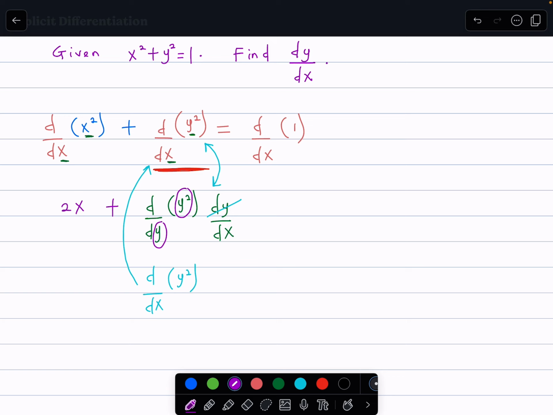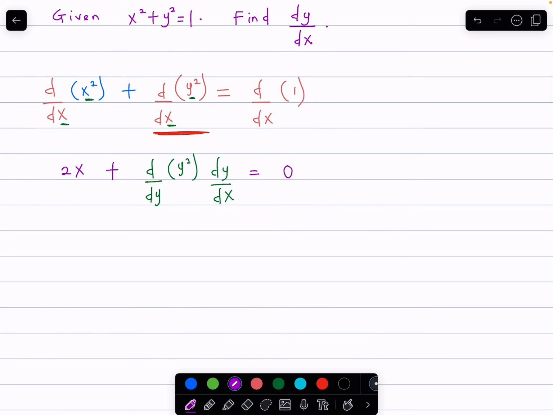Okay, so let's move forward. Now the next thing is I have equal to the derivative of a constant, which is 0. 1 is a constant, so I have 0 here. Now I know that d dx of x cubed is going to be equal to what? 3x squared, right?